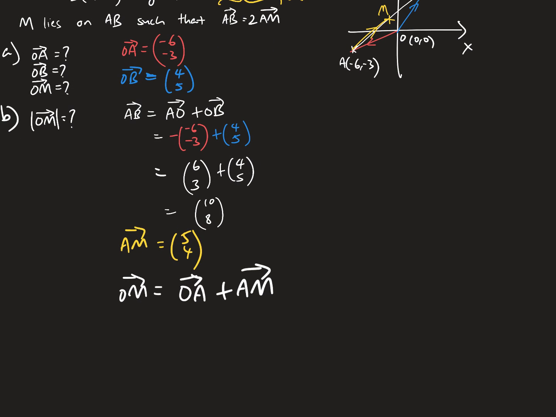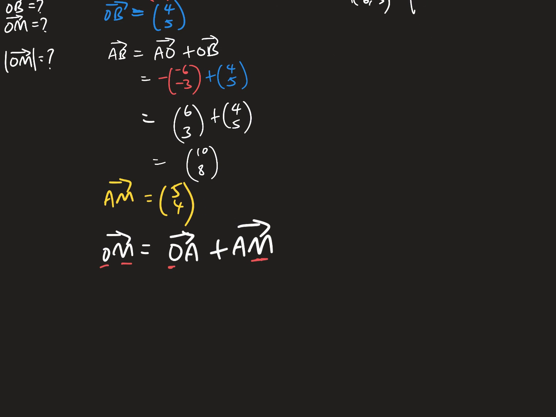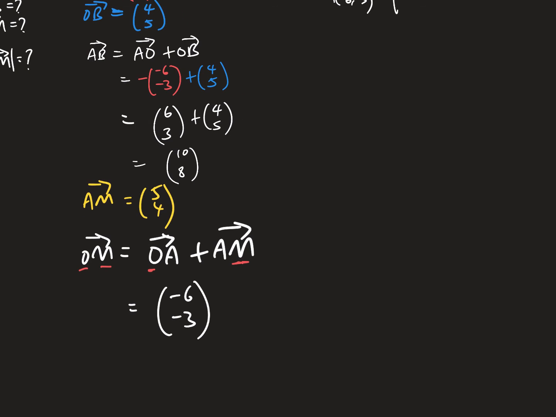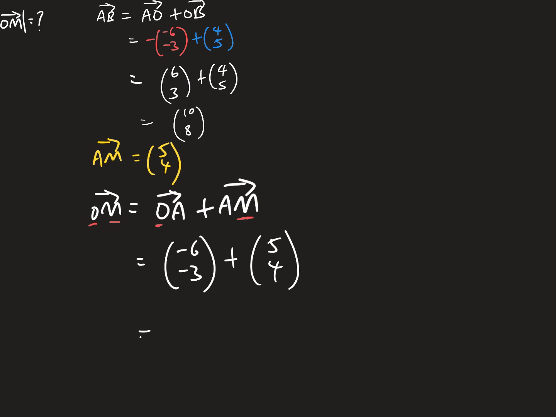You start from O and you end at M. And then you can see that this is OA, which is -6, -3, and AM, which is 5, 4, and that gives me -6 plus 5, -1, and -3 plus 4, +1. That is OM.